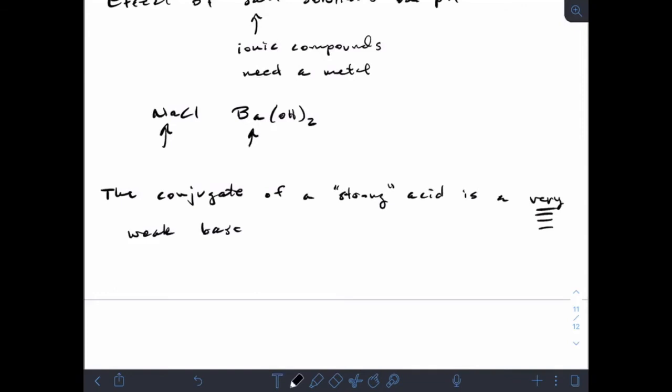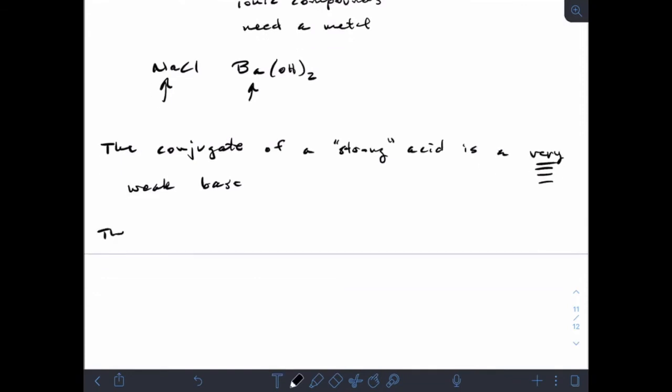But the conjugate of a weak acid or base is a good acid or base.